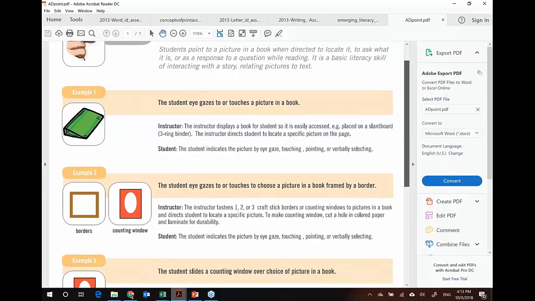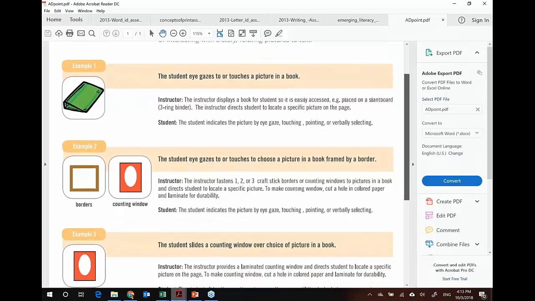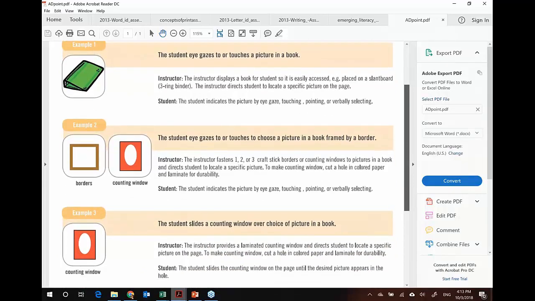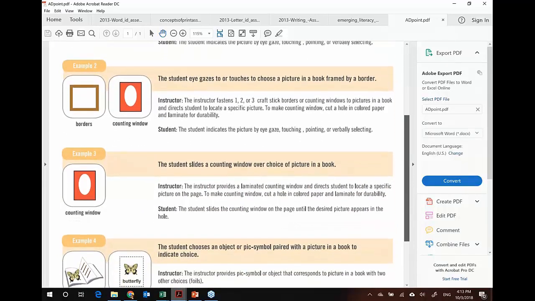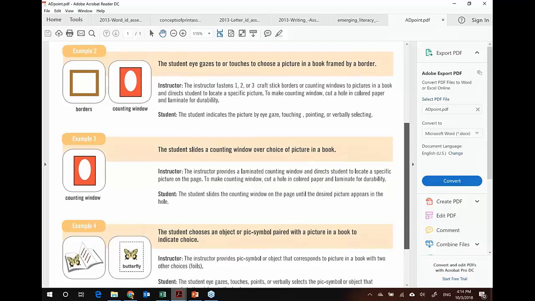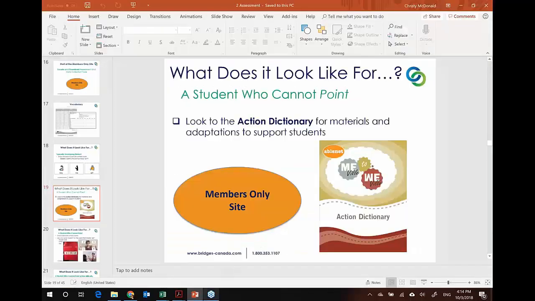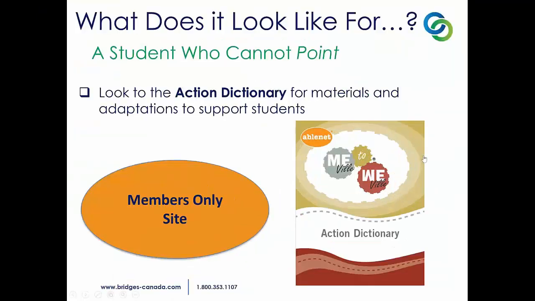And so there are ideas here like using a slanted book and having students eye gaze towards it, using a framed border or a counting frame to help students see different choices and then indicate their choice, and so on. So I'm going to show you what that might look like for this particular assessment.